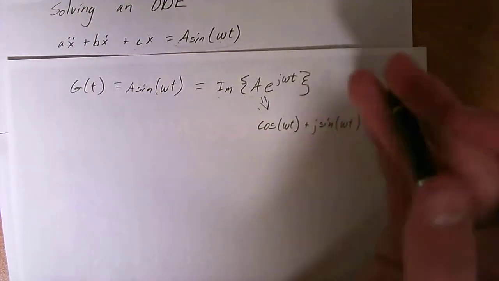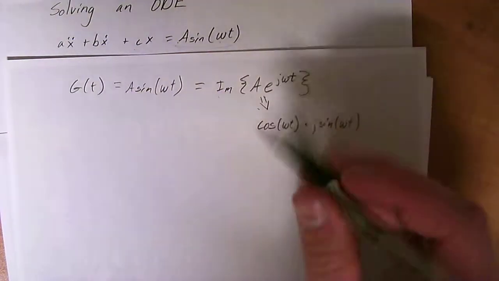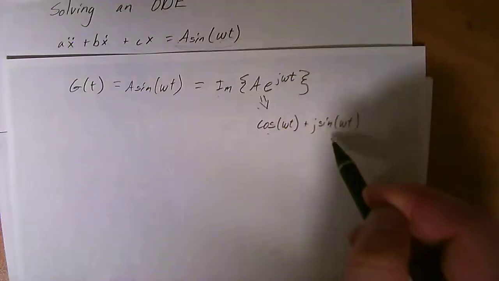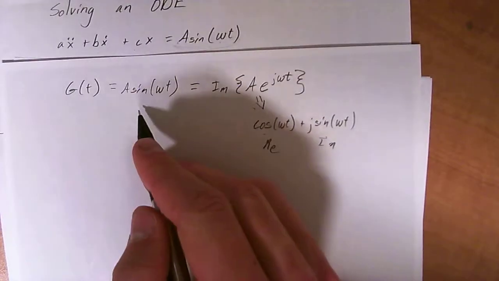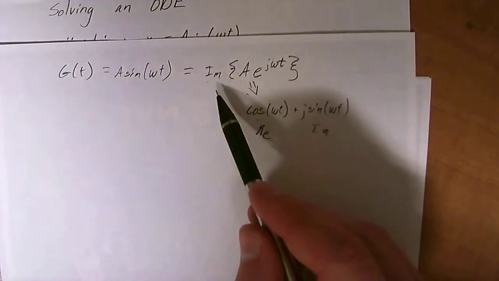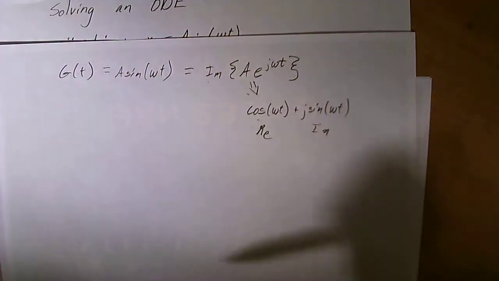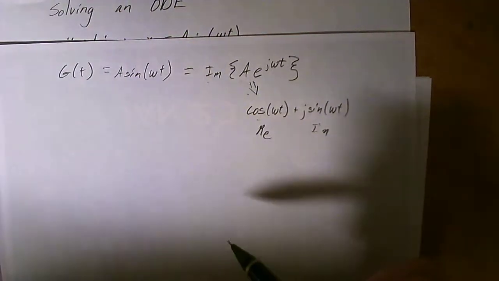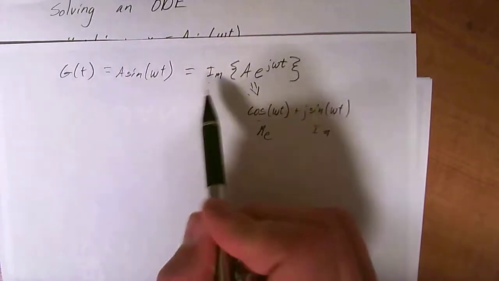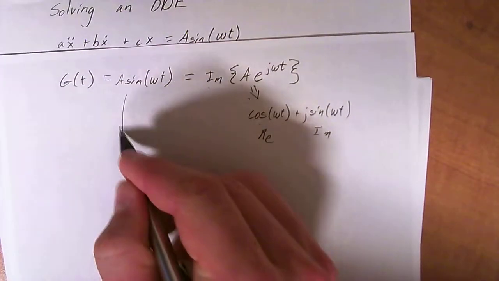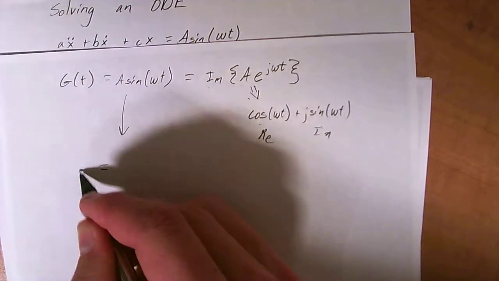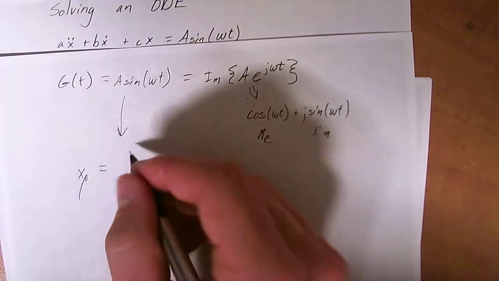That's what the a e j omega t is. You can do a direct conversion between these two functions because they're related, and that I show in a different video. But this is the real part, this is the imaginary part. Since we have a sine over here, you automatically go to the imaginary part, hence this notation. But we don't want to deal with just the imaginary part, we need this full function.